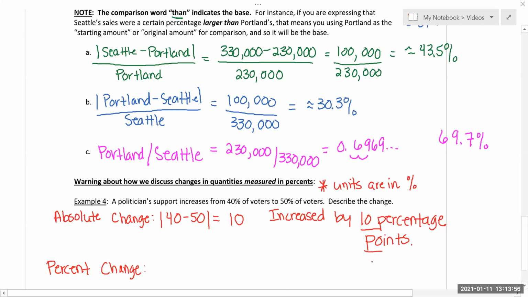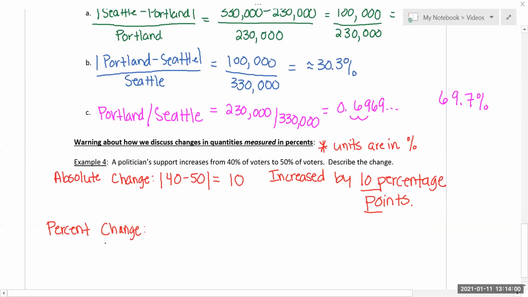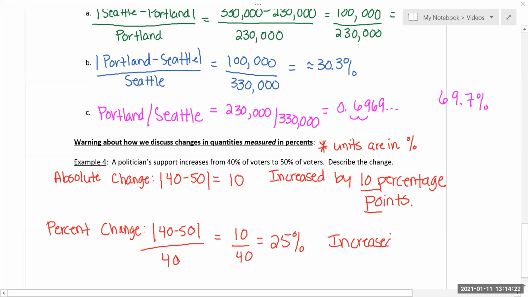So that's my caveat, be careful with that. Percent change, then, again, it didn't go up 10%. It went up by the difference of 50 minus 40 over the original, which is 10 over 40, or 25%. So it would be incorrect to say this went up by 10%. You could either say it increased by 10 percentage points or increased by 25%.